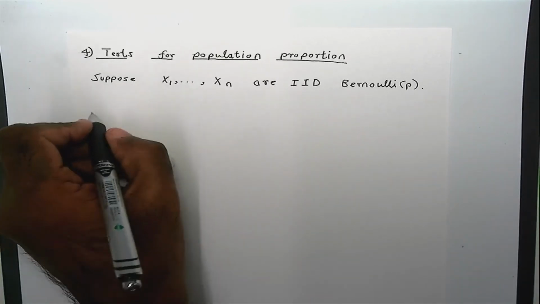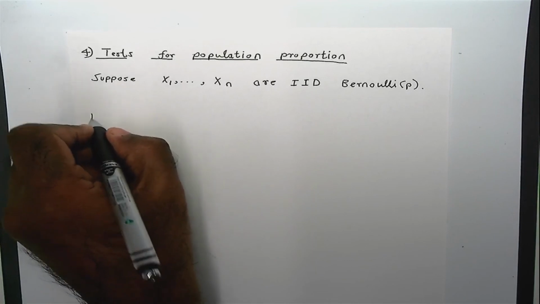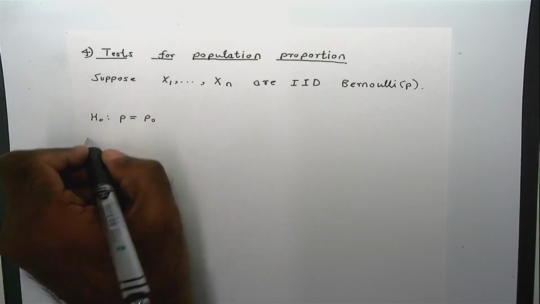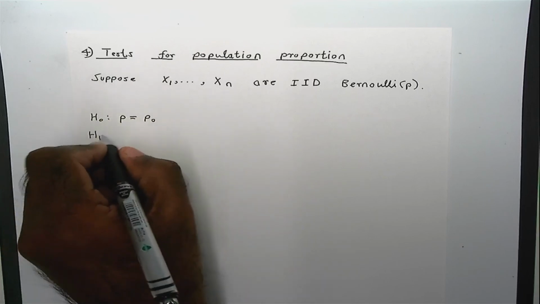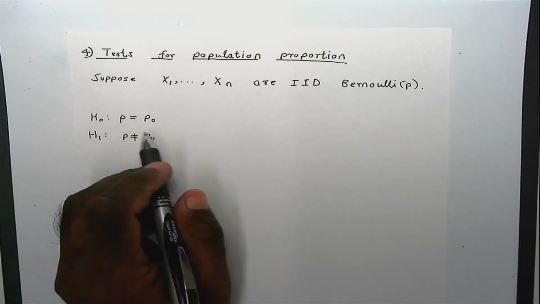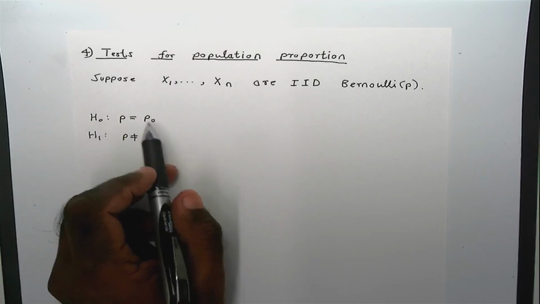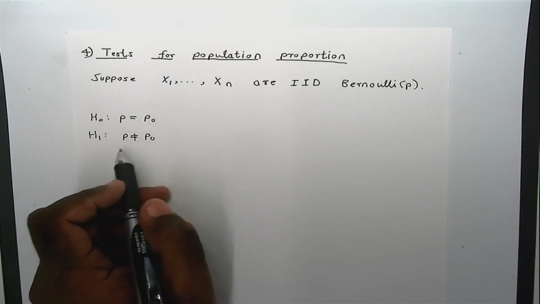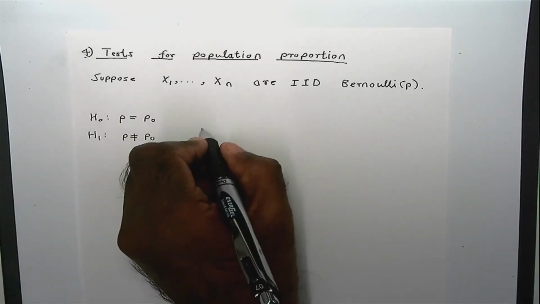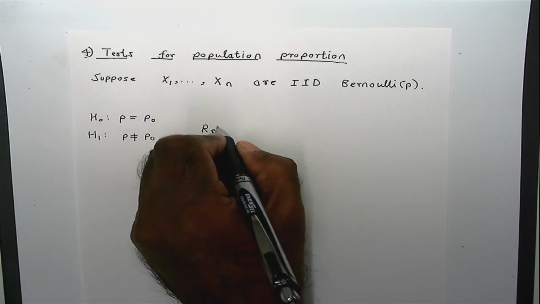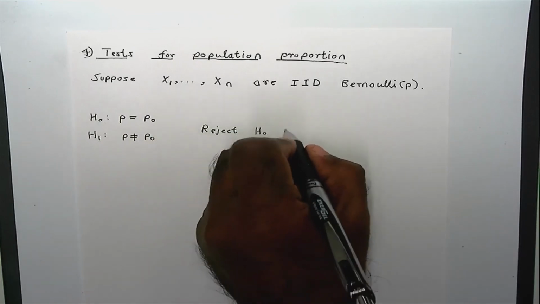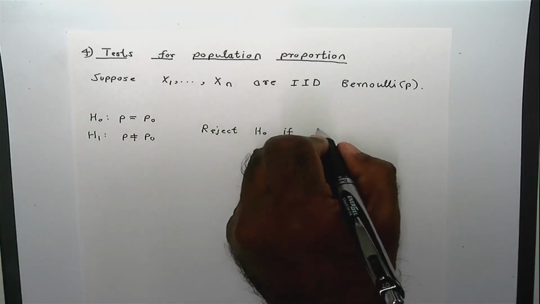Alright, so once again there are three sets of hypotheses I'm going to consider. So here we are testing whether the proportion is equal to a pre-specified constant versus it's not equal to. So in this case we will reject H0 if the following is true.